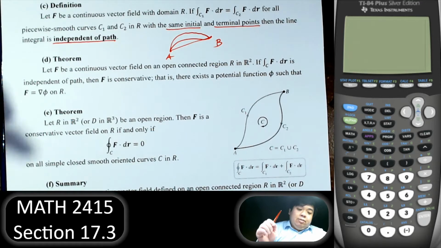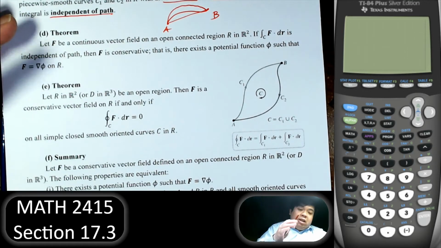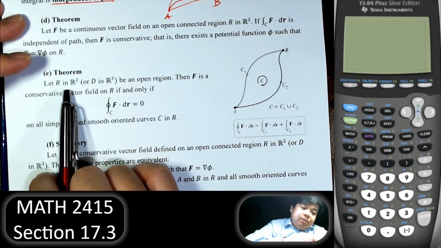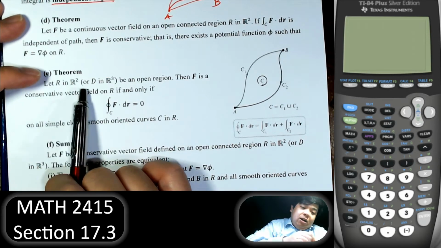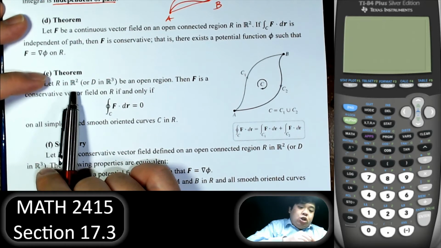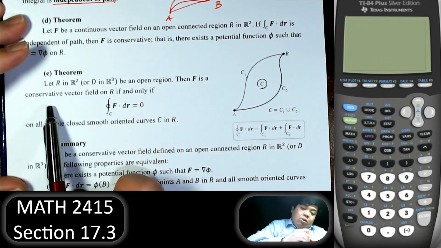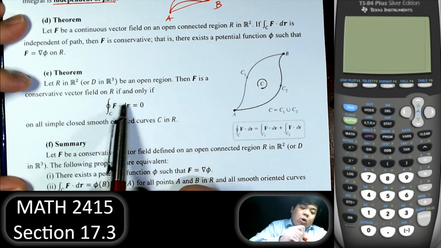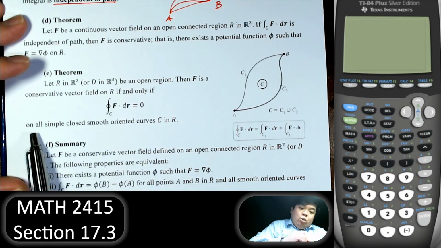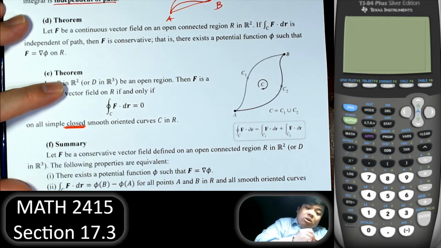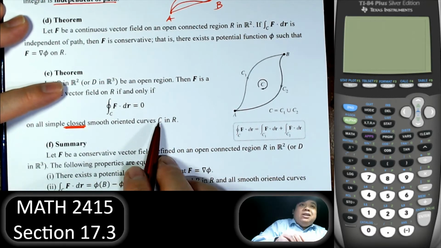So if it is conservative, that's a different story. Right, next. Let D be an open region in R2 or R3, then F is a conservative field if and only if the line integral equals 0 on every closed simple curve C in D.